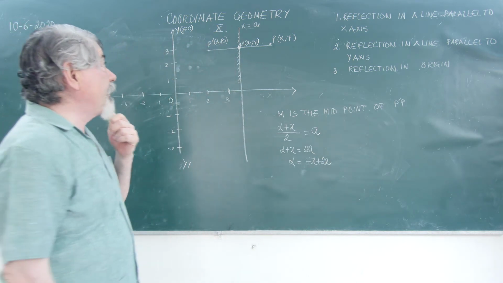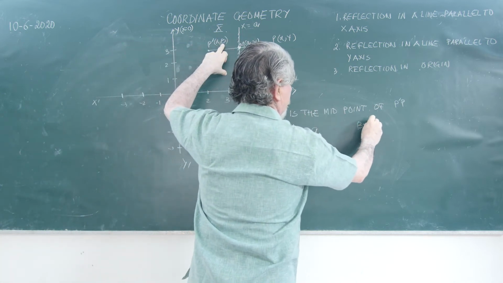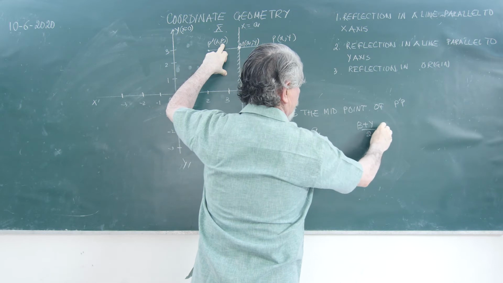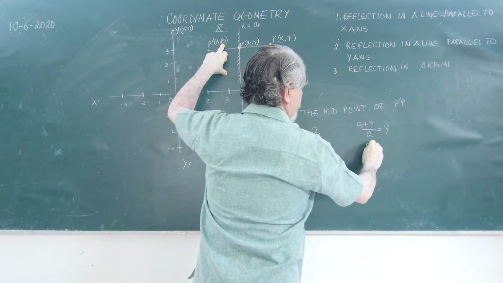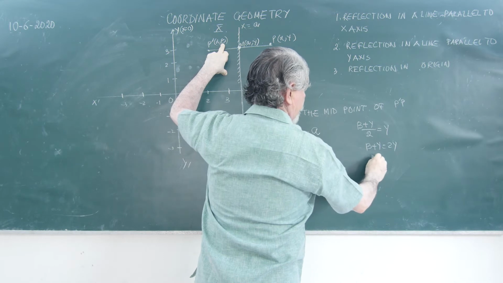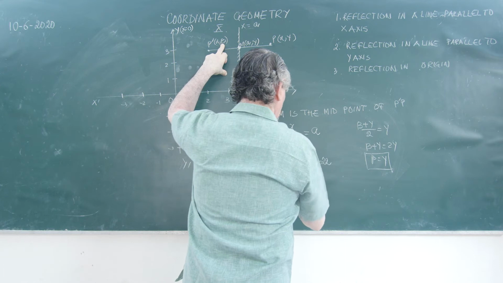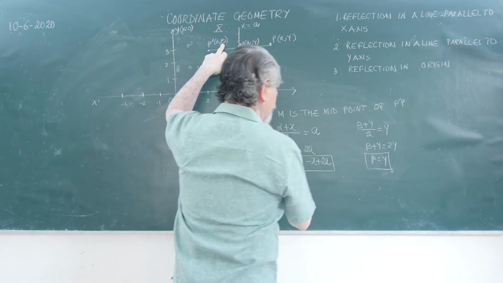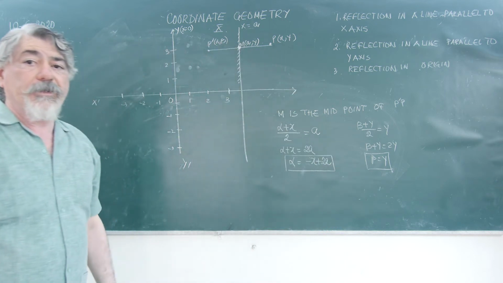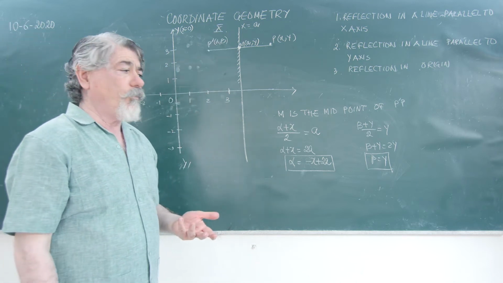And let us see the y coordinate. Beta plus y upon 2 will be equal to y, or beta plus y will be equal to 2y, so beta will be equal to y. I told you the y coordinate will not change, only the x coordinate will change, because we are reflecting the point in a line parallel to the y-axis.